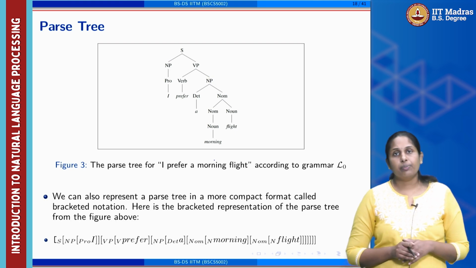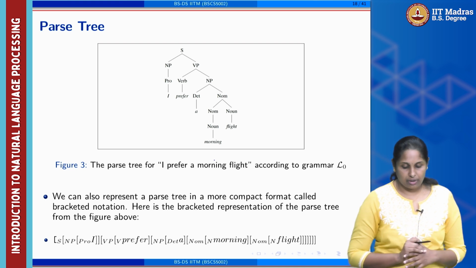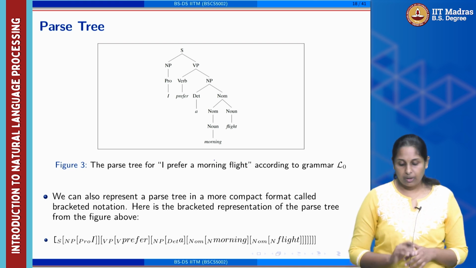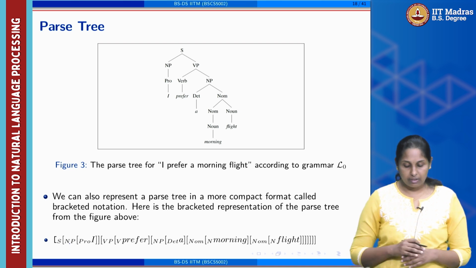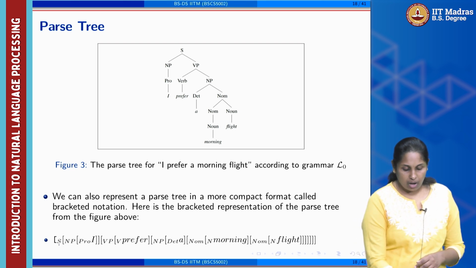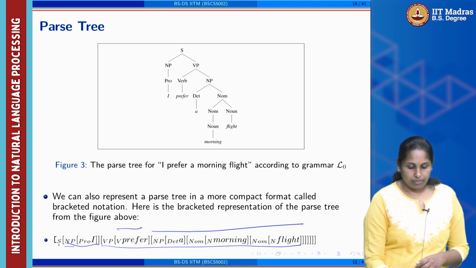We can also represent the parse tree in a more compact format, which is called bracketed notation. This bracketed notation is in a linear format instead of a tree structure, where you have a sentence, the whole NP and the whole VP, and within the VP you have another NP and a verb.